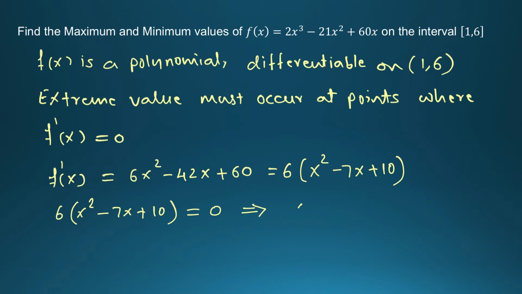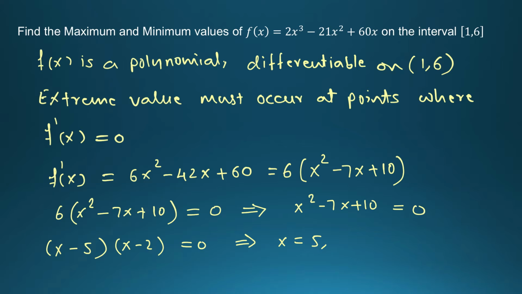Setting this equal to 0, we obtain x^2 - 7x + 10 = 0, which implies (x - 5)(x - 2) = 0, which implies x = 5 and x = 2. The critical points, therefore, are at x = 5 and x = 2.